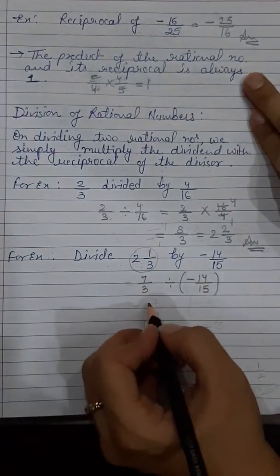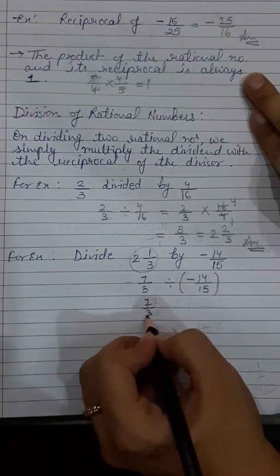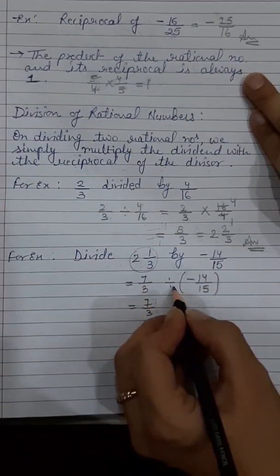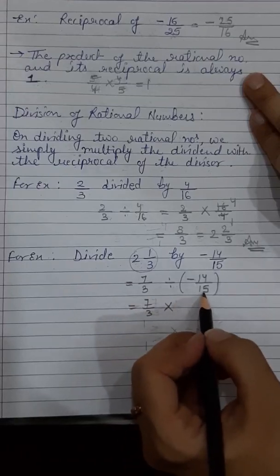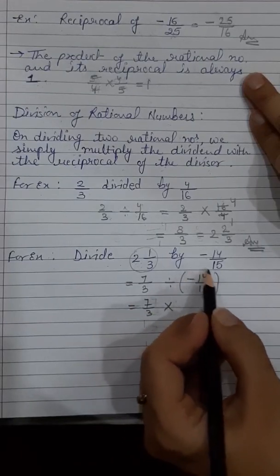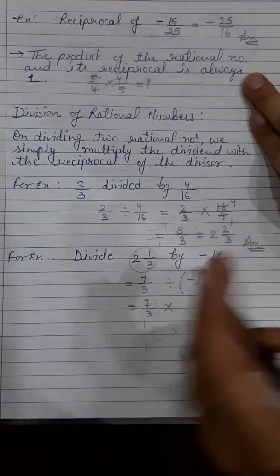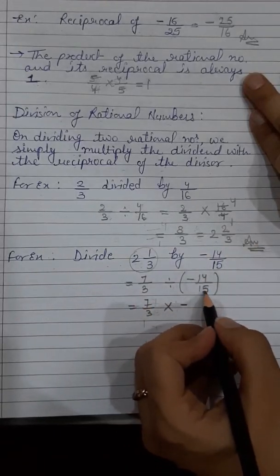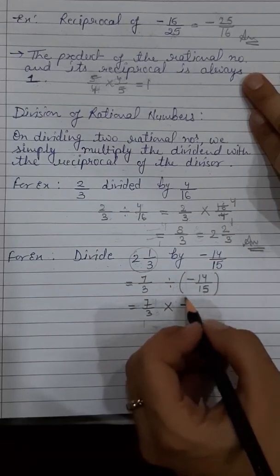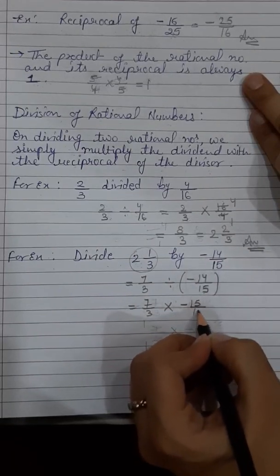Clear? Now next step: the division sign you have to convert into multiplication, and for the divisor, after the division sign, you have to write its reciprocal. So minus 14 by 15's reciprocal is minus 15 by 14.